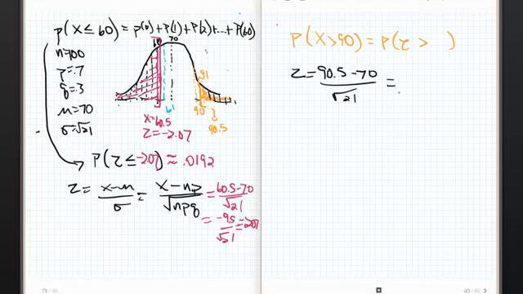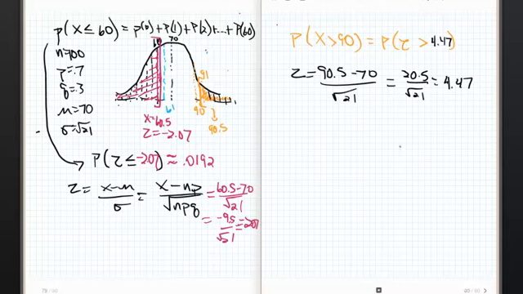Oh wow, this is going to be crazy. That's 20.5 divided by root 21, which is equal to 4.47 standard deviations away from the mean.